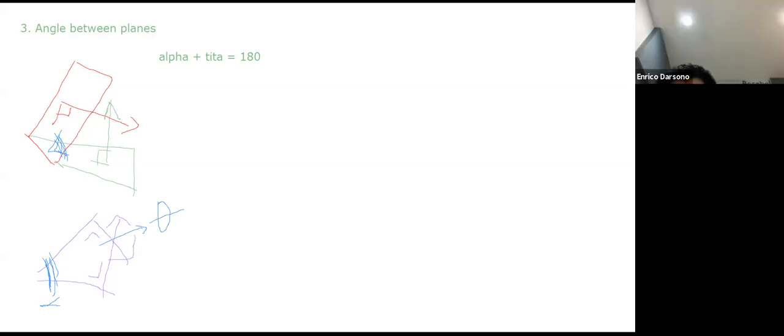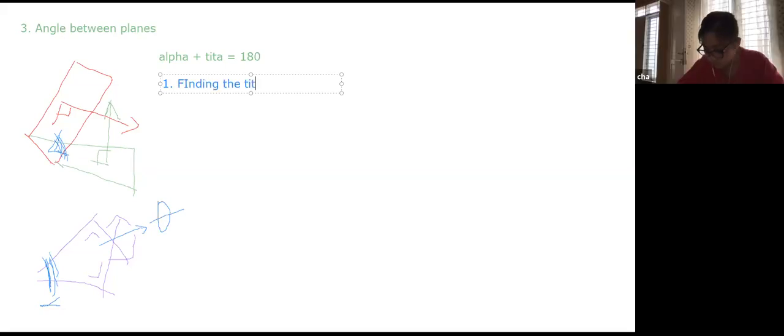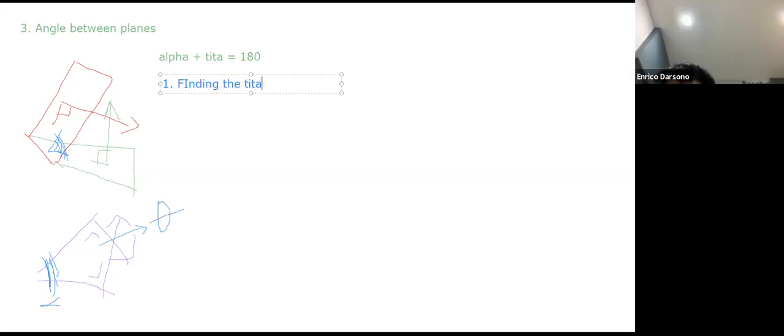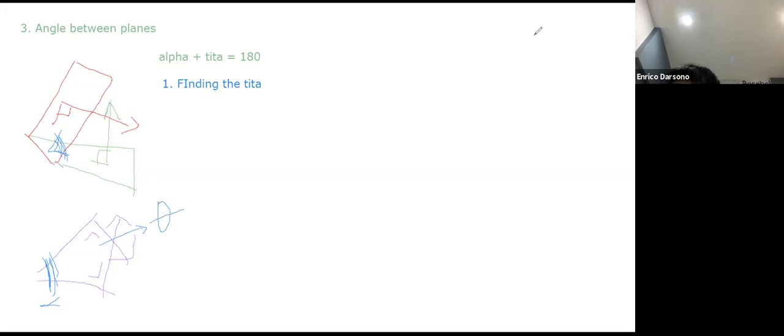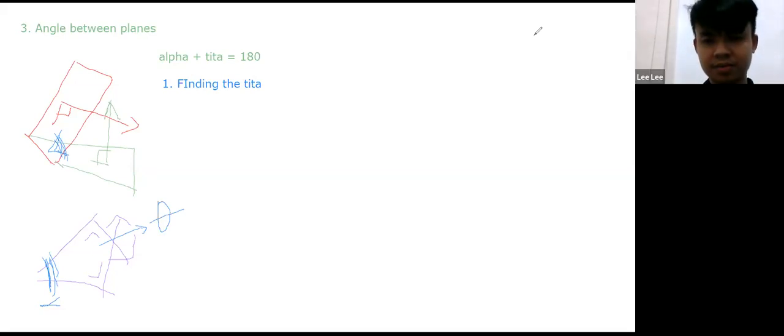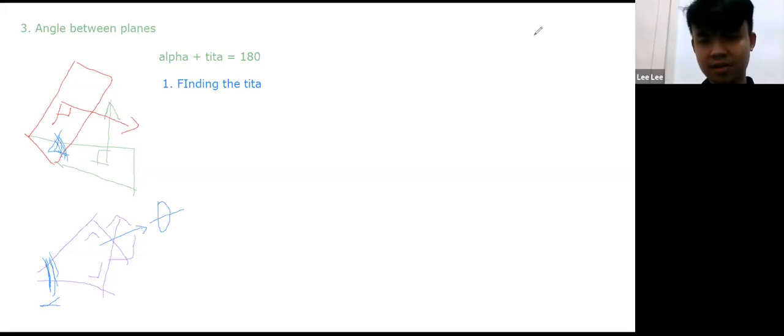Now we discuss first how to find theta. The theta value is the intersection between what? Theta is the intersection between normal and normal, right? You understand what I'm saying?